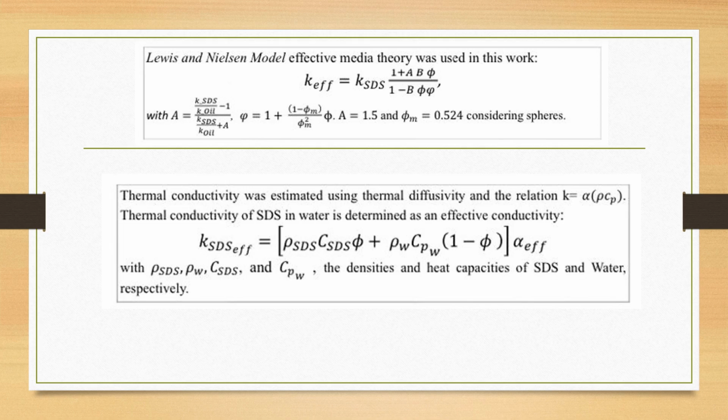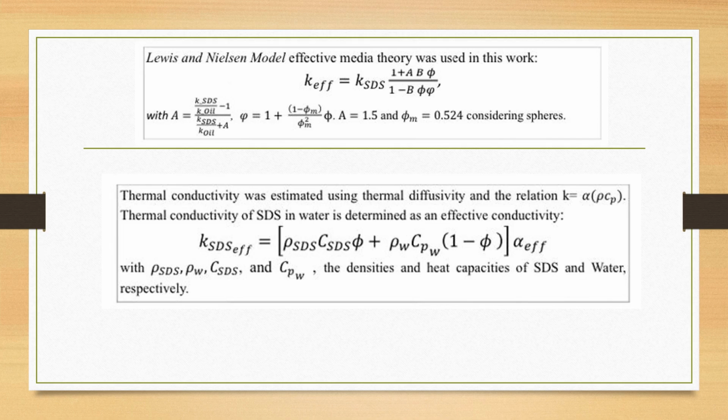Then we use the effective media theory, in particular the Lewis and Nielsen model. In this slide, we show the equation of this model, and then we need to change the thermal diffusivity to thermal conductivity to apply this theory.